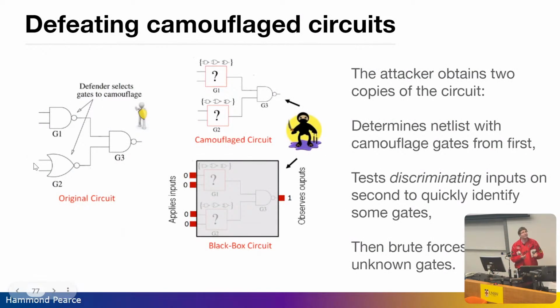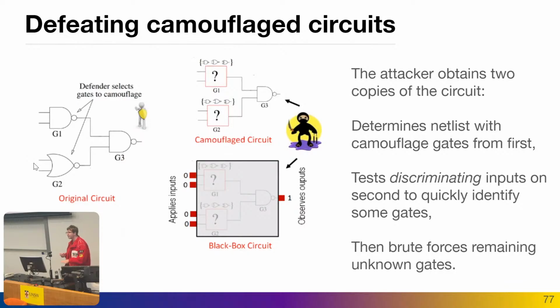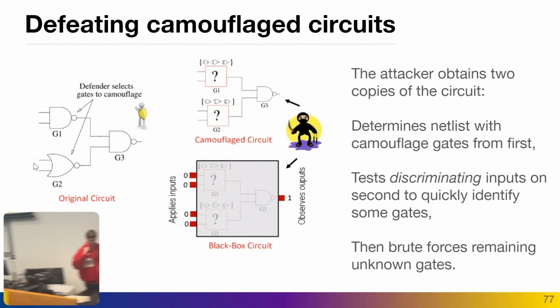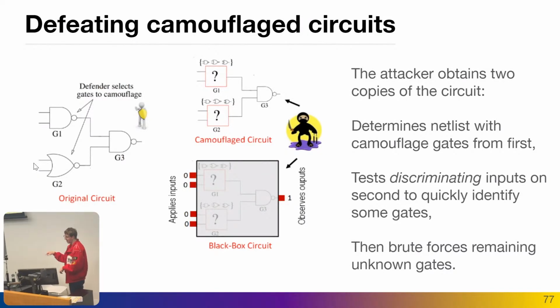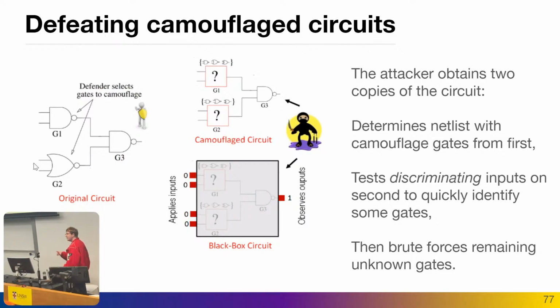Maybe. There's definitely ways to defeat it. So this is the general process that you would use to defeat a camouflaged circuit, right? We don't buy just one, that would be silly. We buy 2. So I'm going to buy 2 copies of the latest Intel processor, and I'll rip the plastic and the concrete off the top of one of them, and look all around it with a microscope, get the circuit gates that I can, and put question marks on all the gates that I don't know. Then I'll get another one, and then I'll run it.